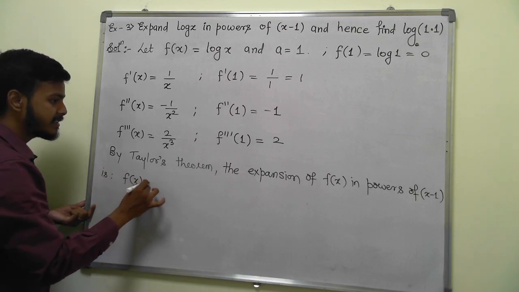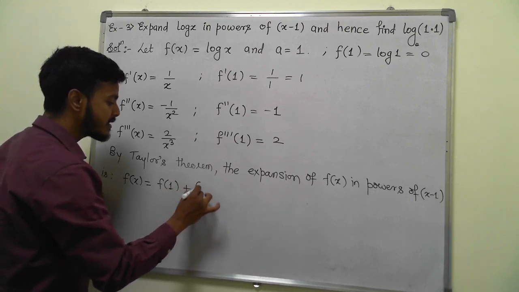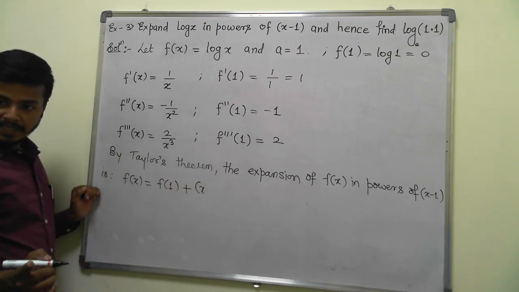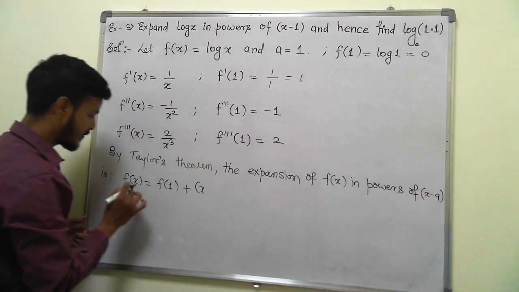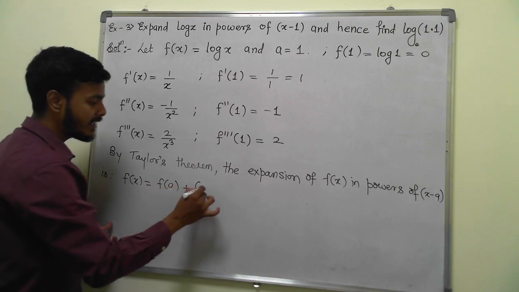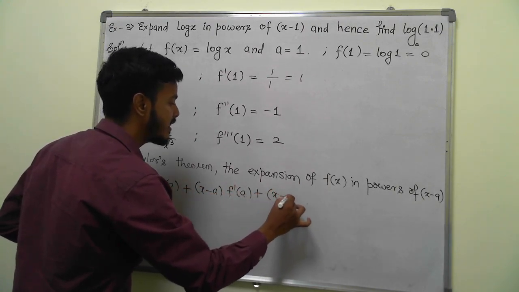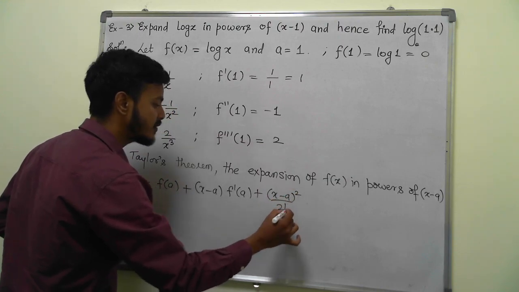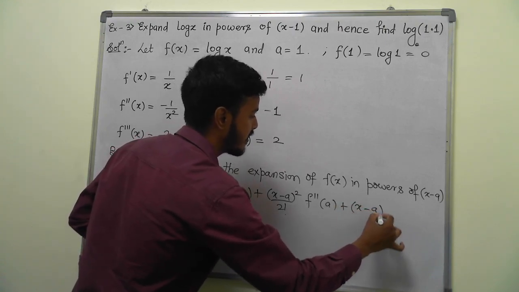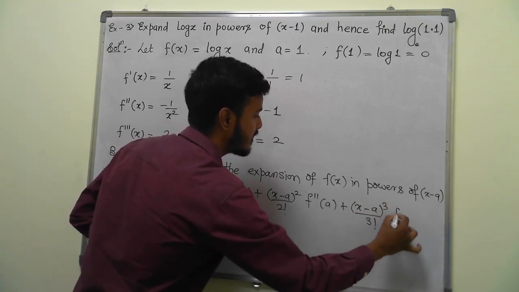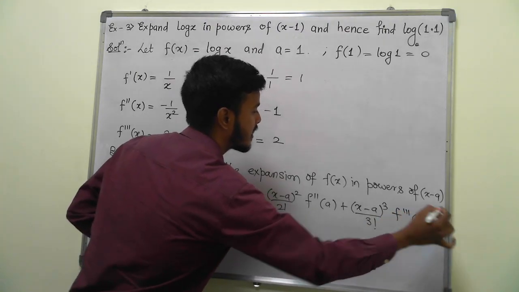f of x is equal to f of a. I think it's good practice to write first the general one and then substitute the values. So f of x is equal to f of a plus x minus a times f dash of a plus x minus a whole square by factorial 2 times f double dash of a plus x minus a cube by factorial 3 times f triple dash of a plus and so on.